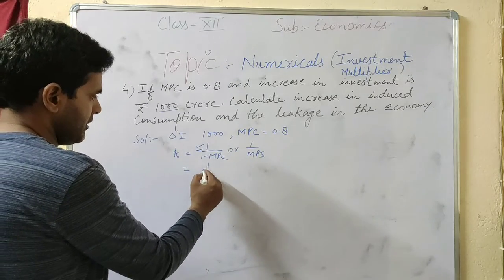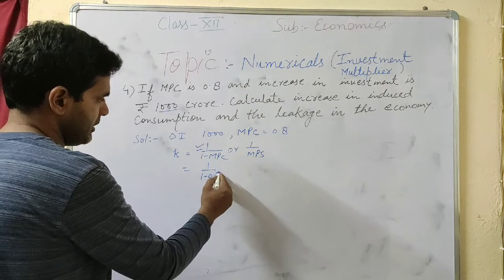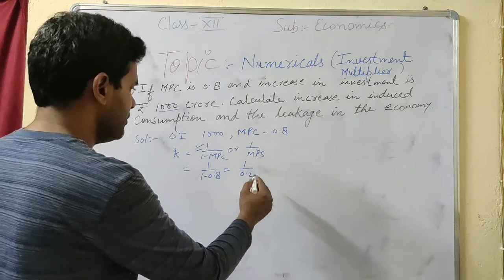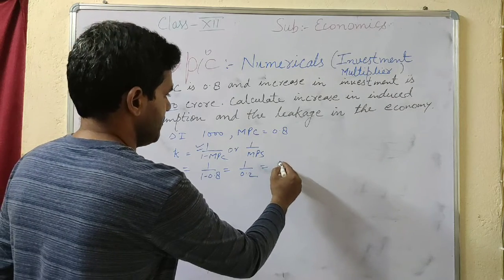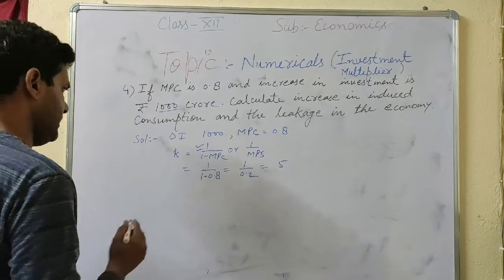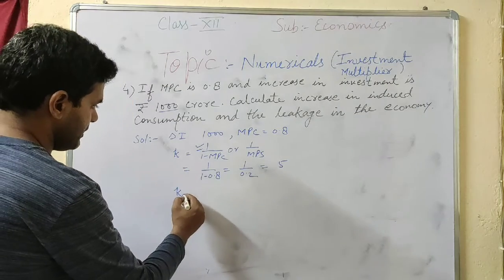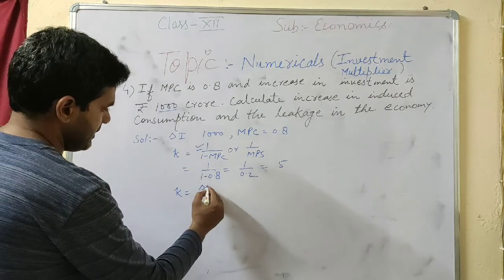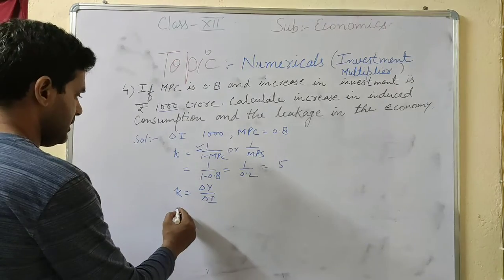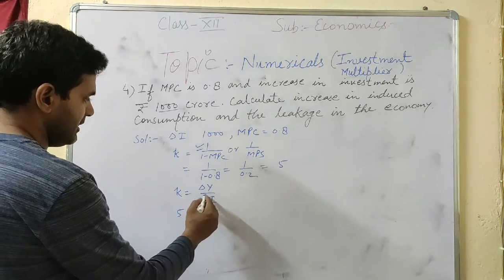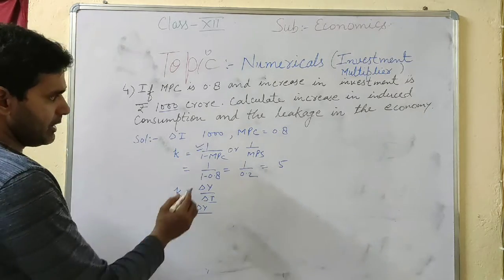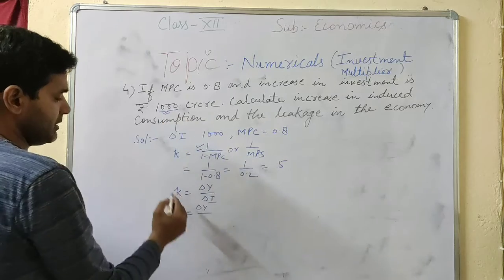So it will become 1 upon 1 minus 0.8, which is further equal to 1 upon 0.2, which is further equal to 5. So 5 is the value of multiplier, or K. We know that K will also be calculated as delta Y upon delta I. Here K is 5, delta I is 1000, and delta Y we are going to calculate.